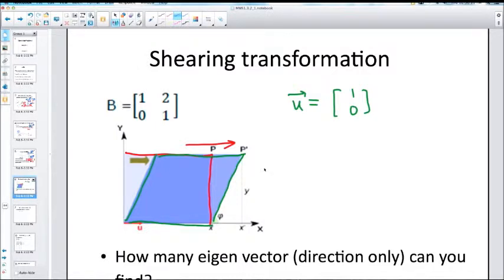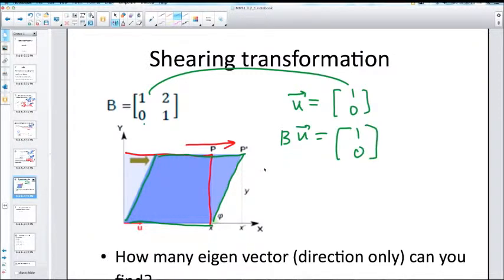You can multiply B by u, do a quick calculation: 1 times 1 is still 1, 2 times 0 is 0, and then 0 times 1, 1 times 0 is 0. Of course it did not change, because you're only shearing on the top.